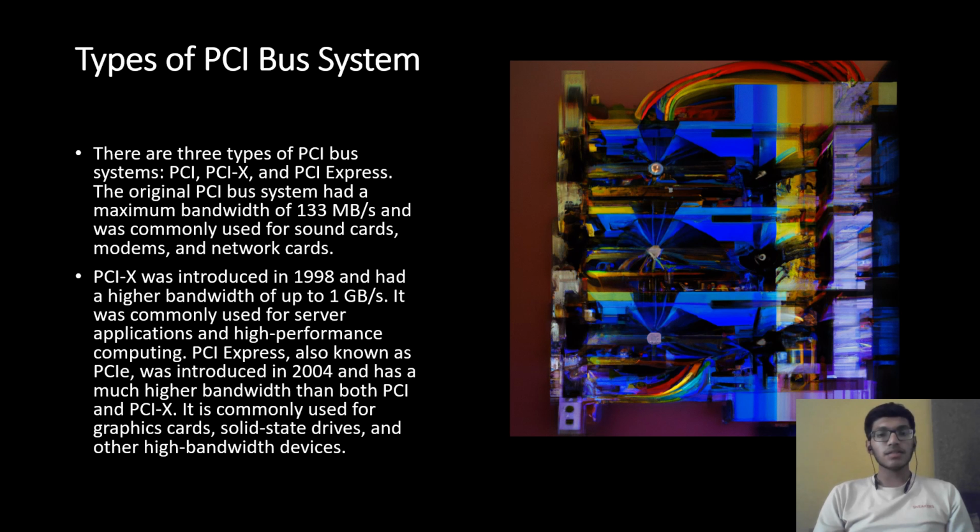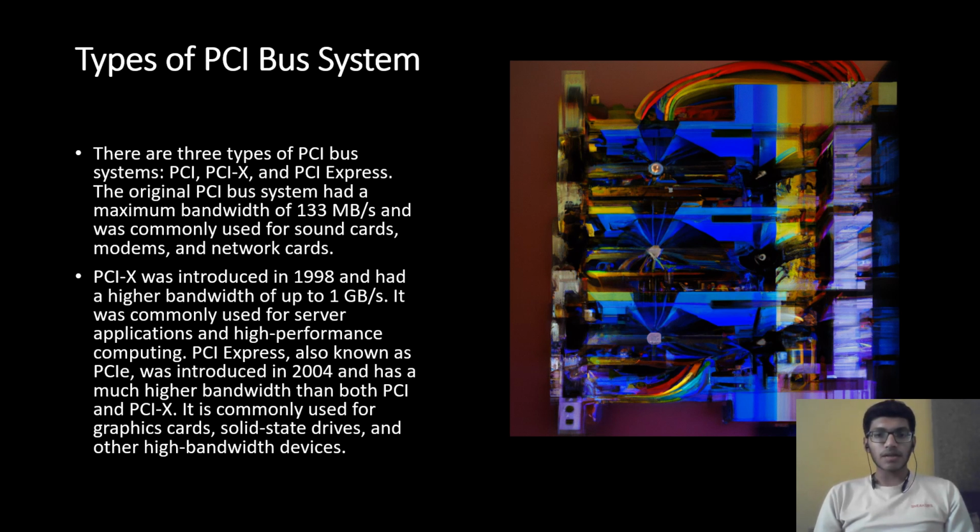And at the end there is PCI Express, also known as PCIe, which was introduced in 2004 and has a much higher bandwidth than both PCI and PCI-X. It is commonly used for graphics cards, solid state drives and other high bandwidth devices. So we can say that PCI is used where we need lower speed, and PCI is cheaper obviously.